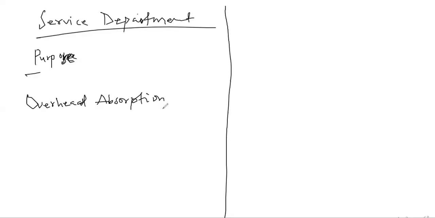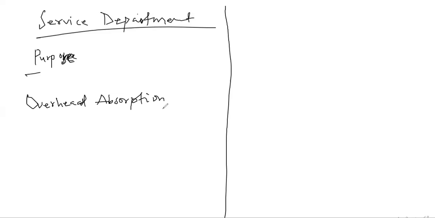And apportionment is where you share the overheads to different departments. Then absorption is where you spread or share the overheads among the cost unit. That is absorption.